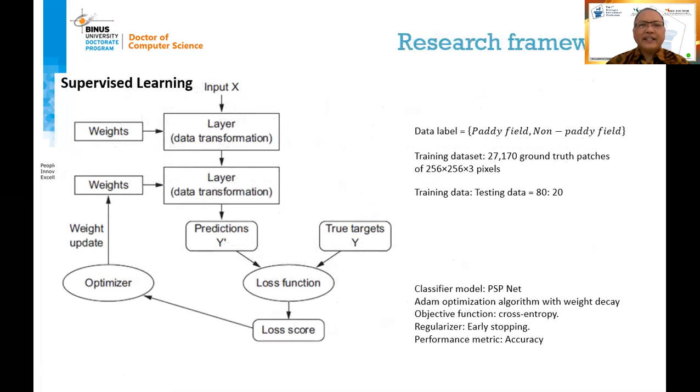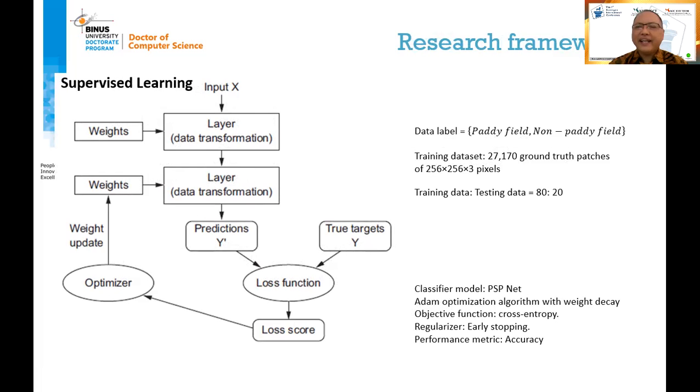All right, as for the research framework, as I said before, semantic segmentation is basically a classification problem. So here we use supervised learning to train the model. In this study, the data label is limited to paddy field and non-paddy field.